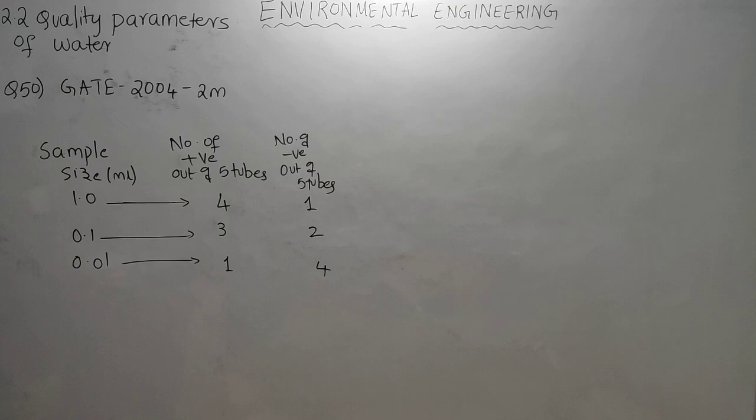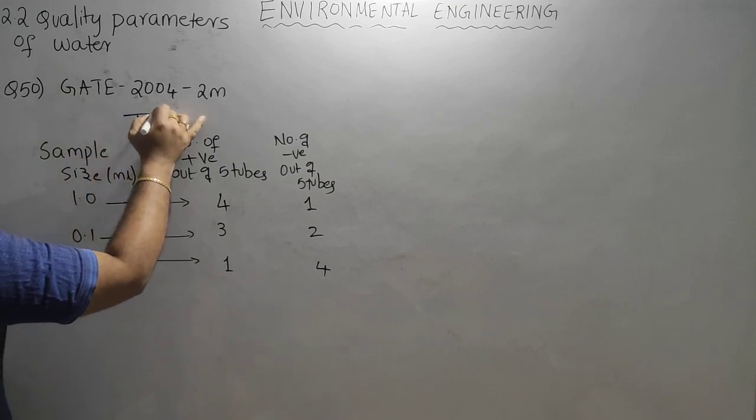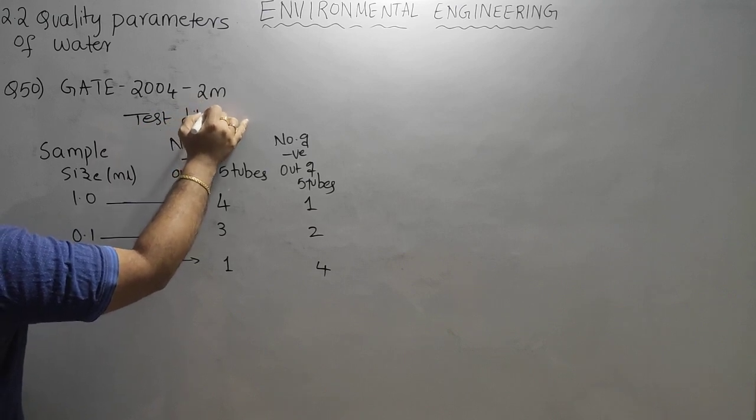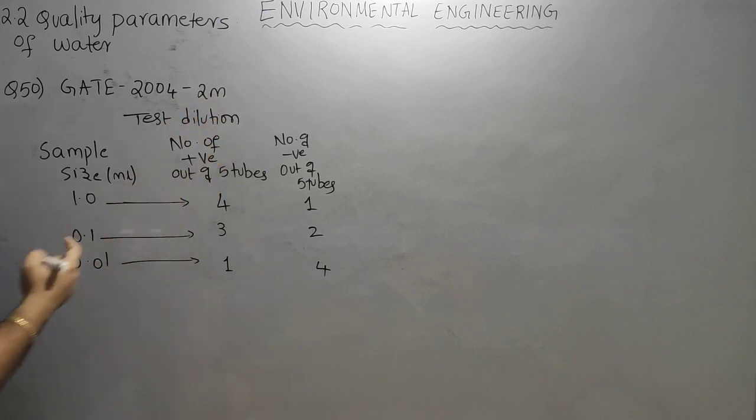Now this is test dilution. To match this test dilution, table dilution was also given. So the MPN index with 95% confidence limit for the positive results when 5 tubes are used for dilutions is given like this.